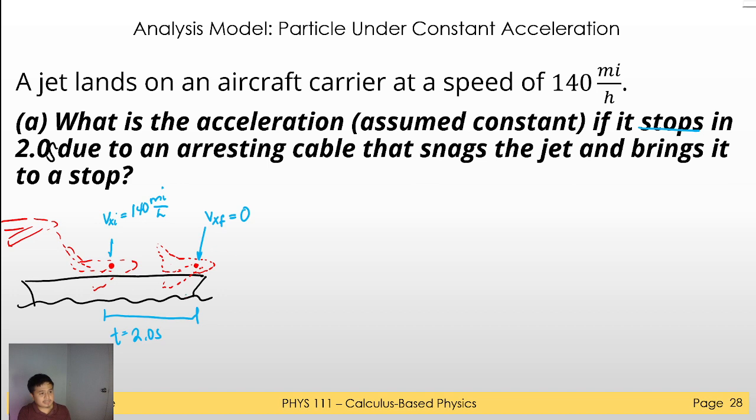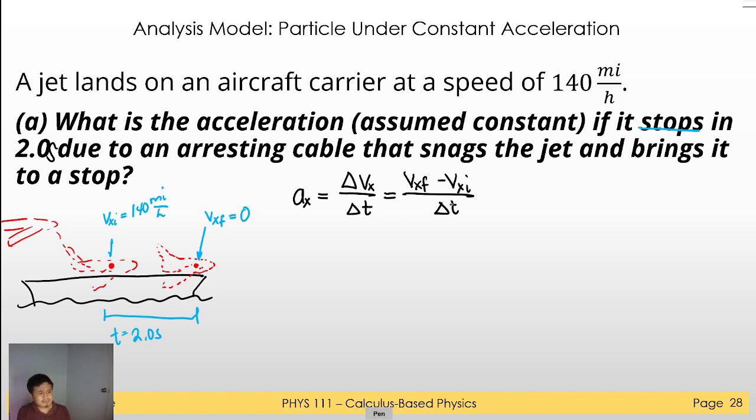To determine the acceleration, since this is a constant acceleration, the average acceleration is equal to the instantaneous acceleration. So the average acceleration is equal to the change in velocity, the final velocity minus the initial velocity, over the change in time.